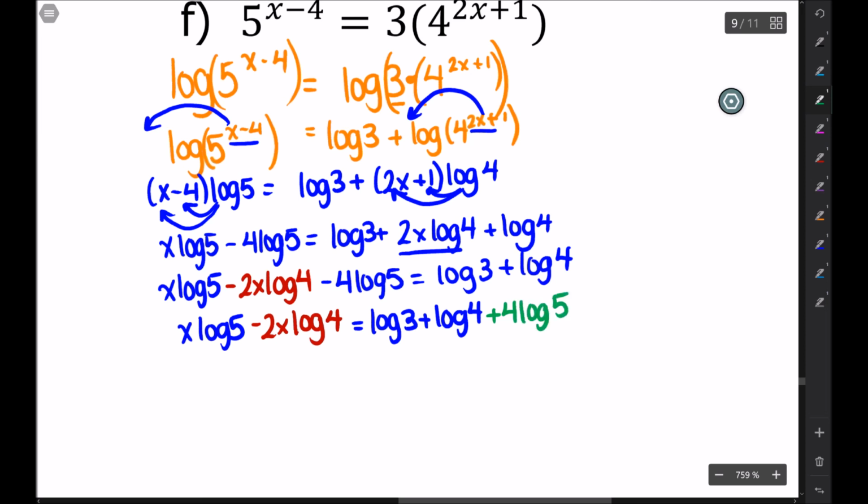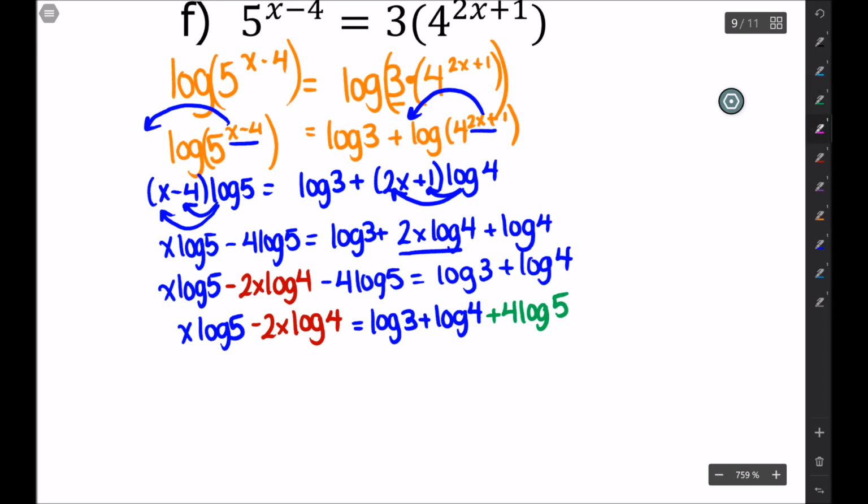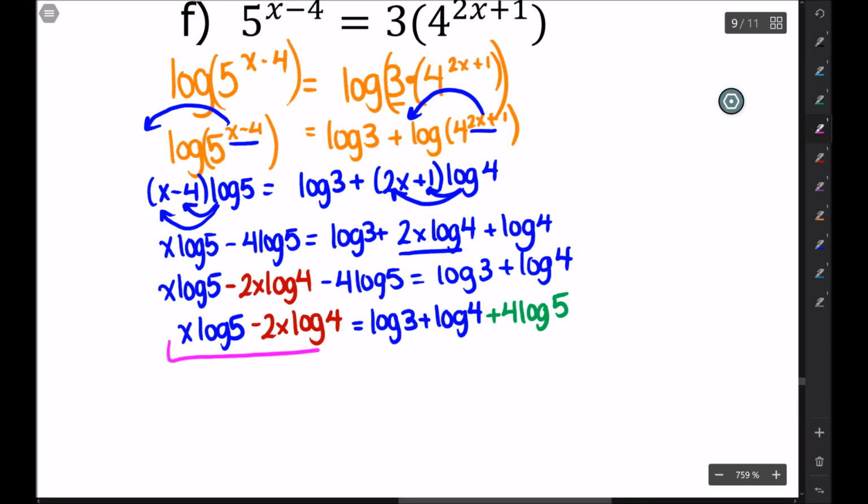Okay? All right, so now that I've done that, I can go ahead and look and see inside of here, there's an x in common with both of these terms, so I'm going to factor it out. So I get x times log 5 minus 2 log 4, and that's going to equal log 3 plus log 4 plus 4 log 5.